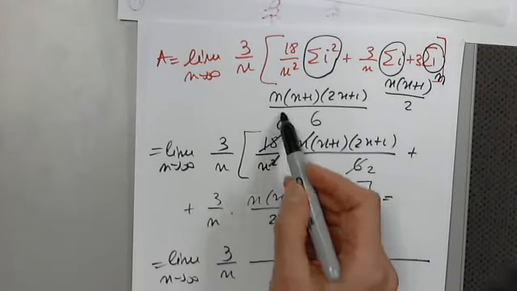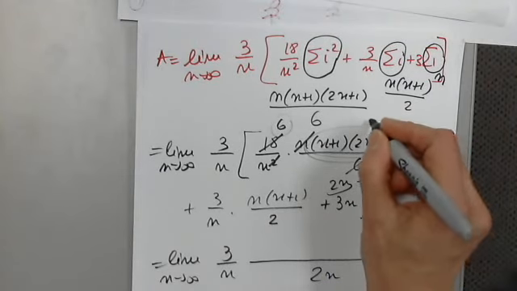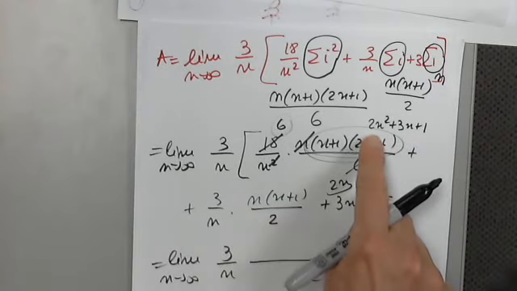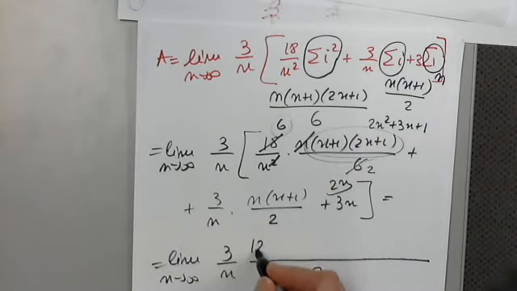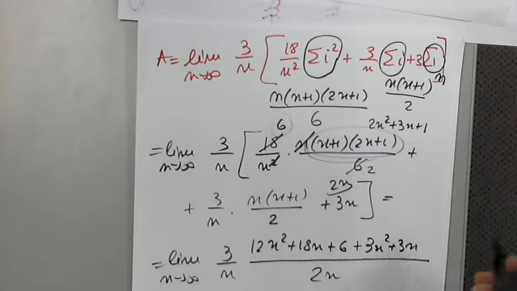So I will be distributing 6 to these two factors, but I will multiply first. This is 2n squared plus 3n plus 1, and I'll distribute 6. 12n squared plus 18n plus 6 plus 3n squared plus 3n plus 6n squared.